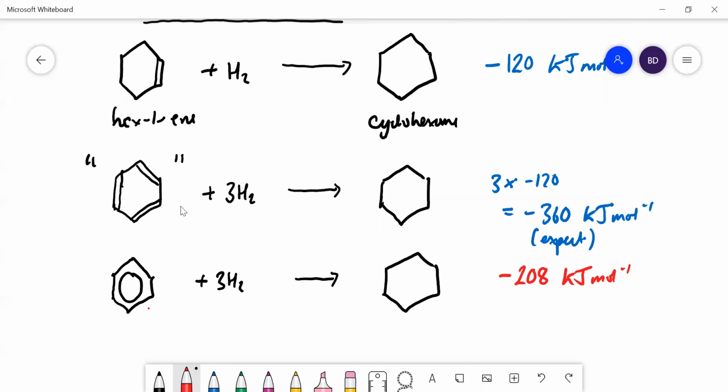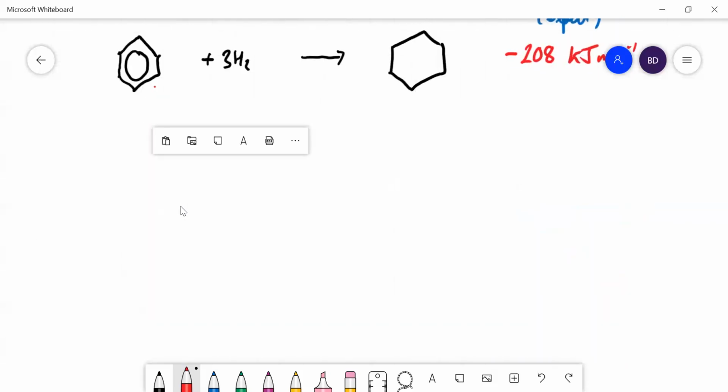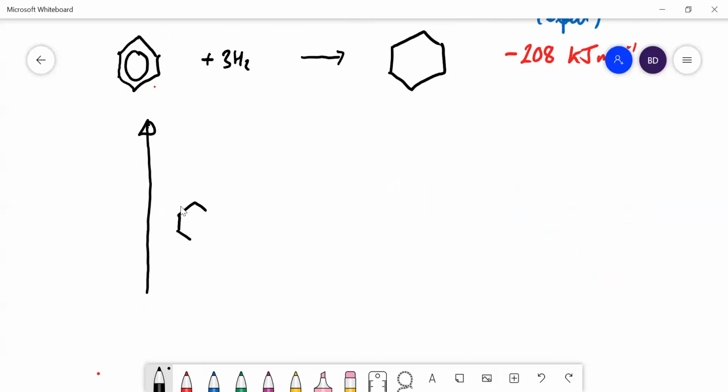And we can show this on a little energy level diagram, like we've done. If you've done the Born-Haber cycle already, you'll be aware of this. So if we just put energy here. Now I'm going to put cyclohexene here, and hydrogen.